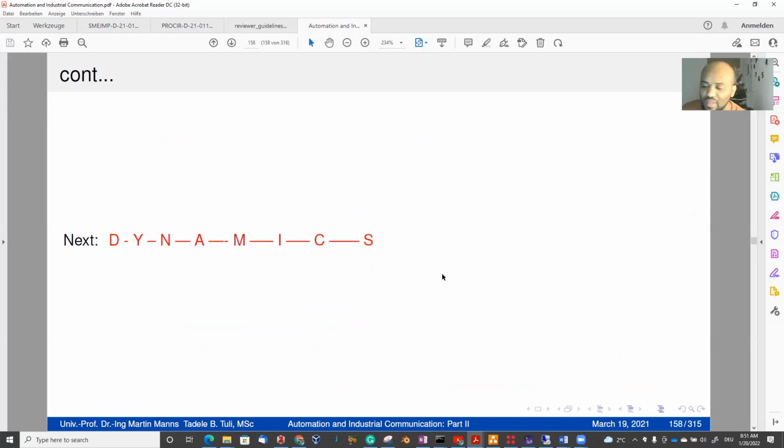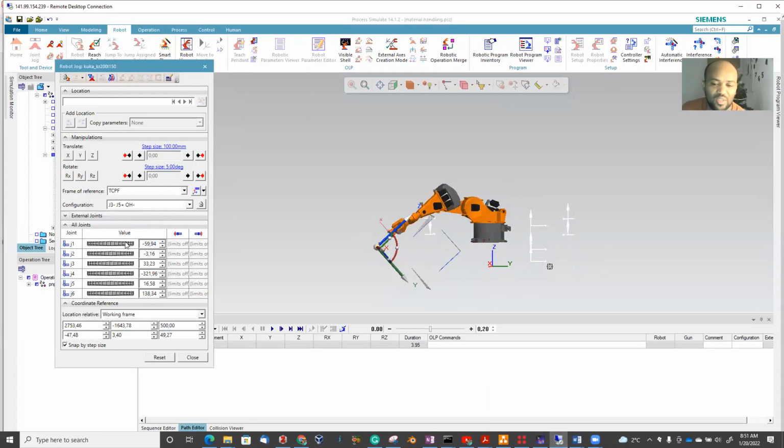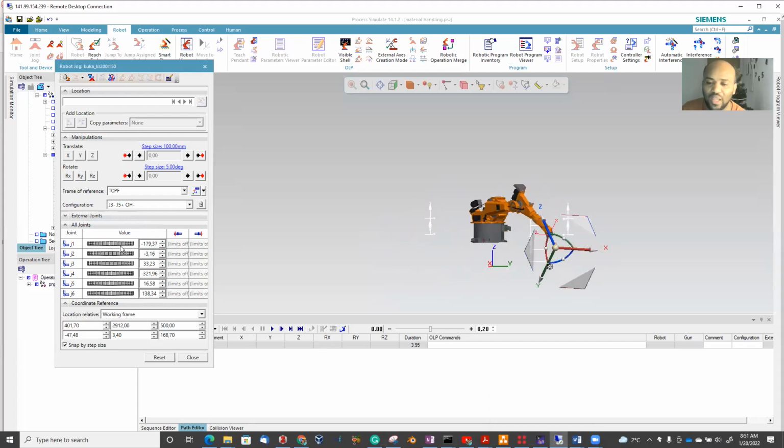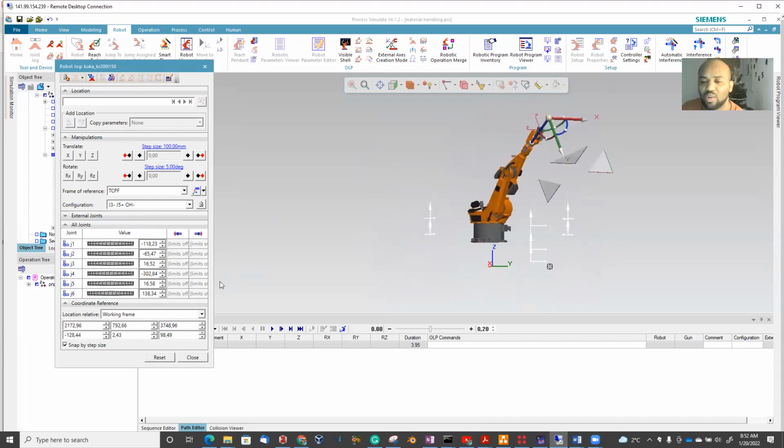What will be the behavior of the robot when it performs some operation? Right now we are playing with lots of kinematic simulations. We are free to manipulate the robot as we like and so on. And we know this. But what is the behavior? While you do this, how does the robot behave?